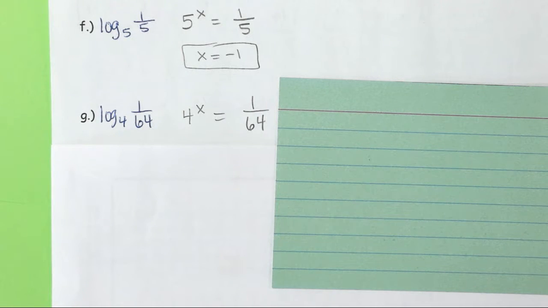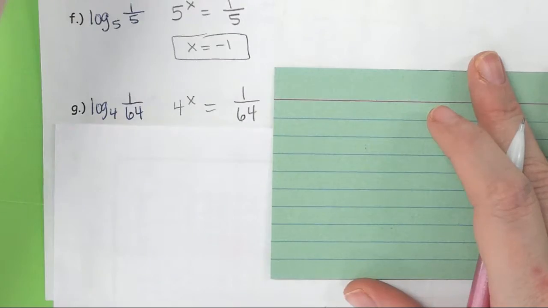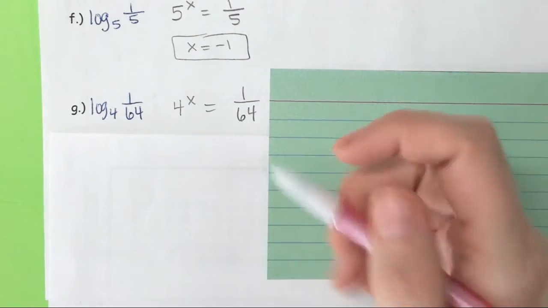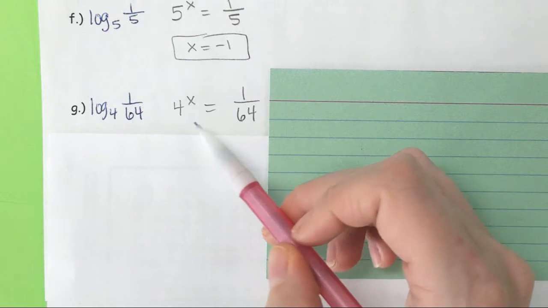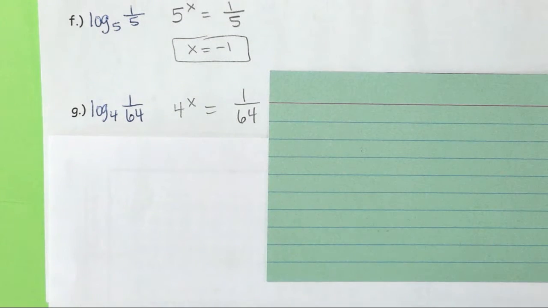It's a fraction, yep, it's over 1, right? Well, we already have the fraction, so what we're going to do is ask ourselves, 4 to what power is 64? Okay, so we're going to find that out.